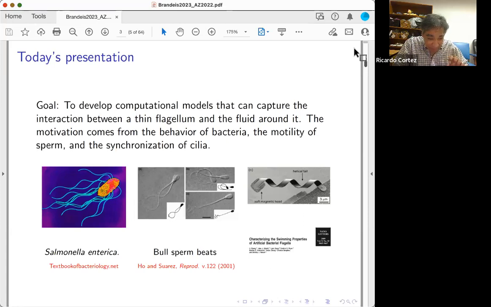In each panel, you see two photographs taken at slightly different times. And so you can see the symmetry and the beat on the left, and then some asymmetries and different beat forms, depending on some chemistry going on or some hyperactivation and things like that.